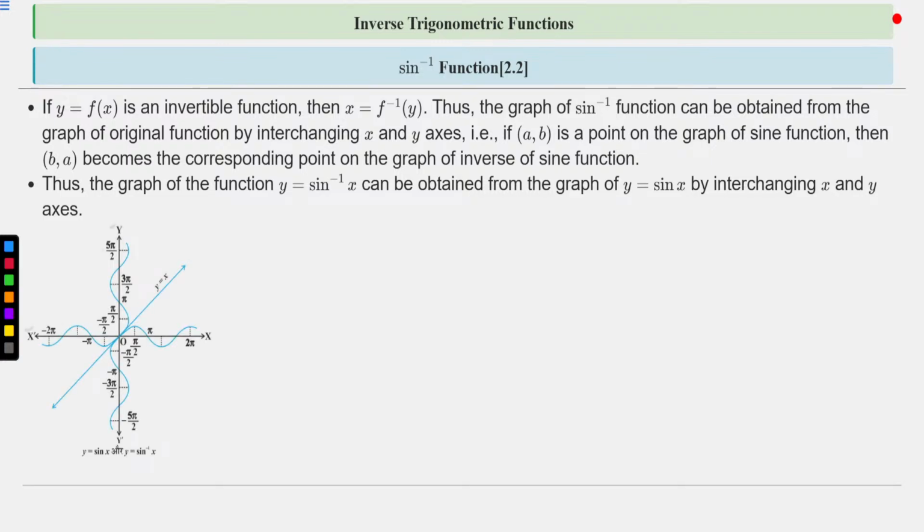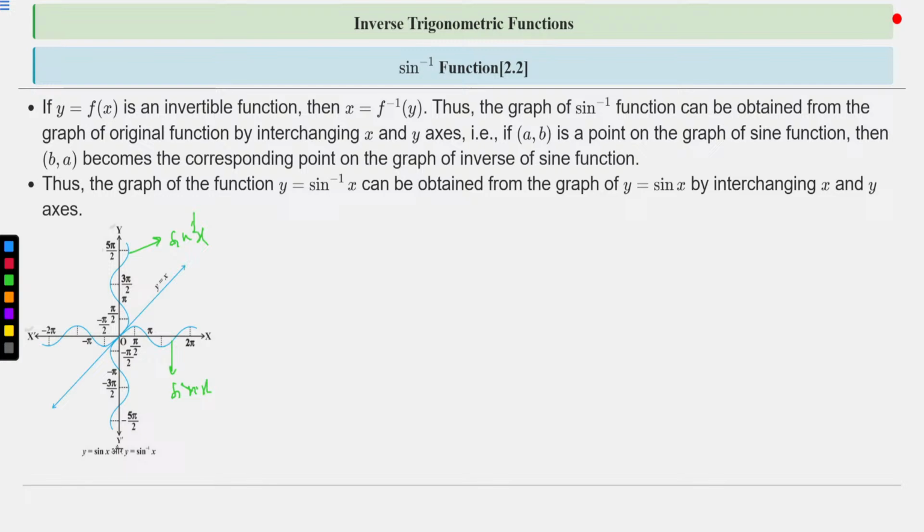See, this is the graph of sine x. This portion is the graph of sine x. We have just taken the mirror image of this graph with respect to the line y equal to x, and this graph is basically of sine inverse x.